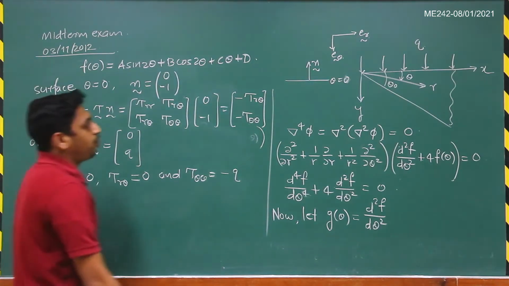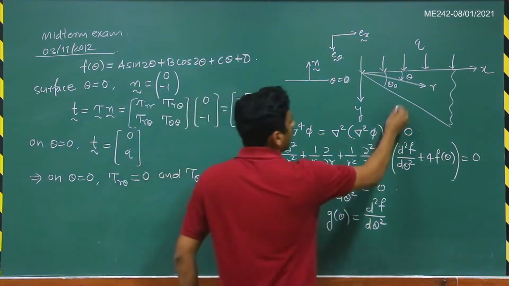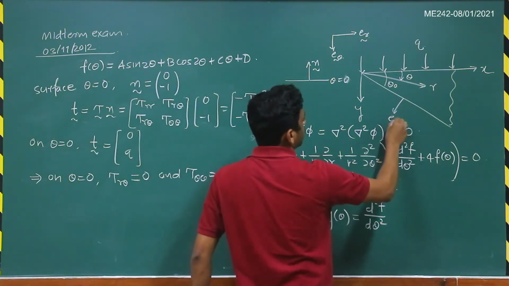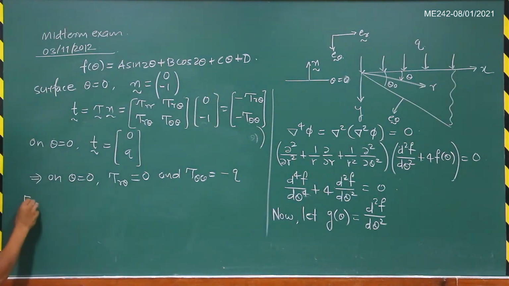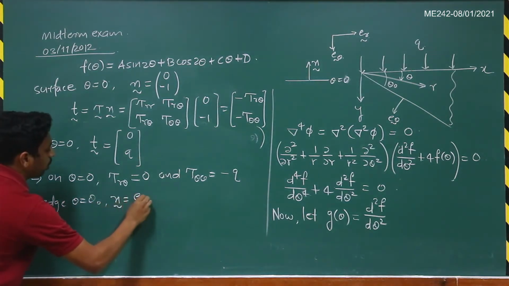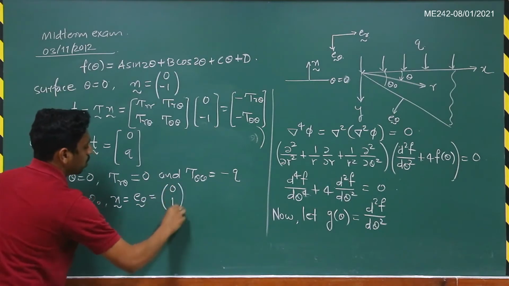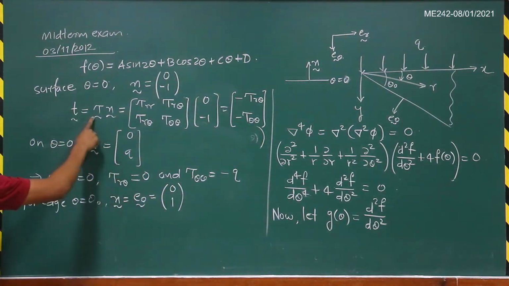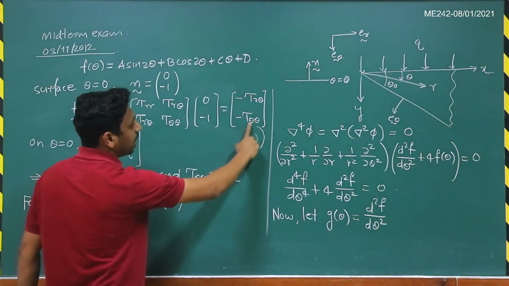Similarly, for the surface theta equals theta naught, the normal will be along e theta, which would be (0, 1). Again, by using this Cauchy relation, we end up with the components tau r theta and tau theta theta.